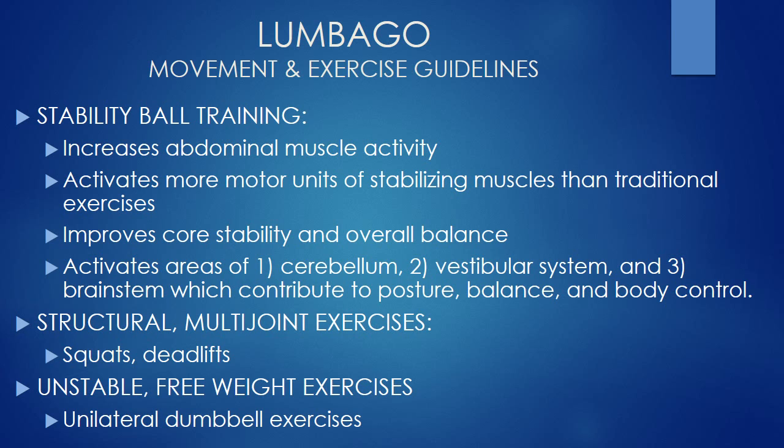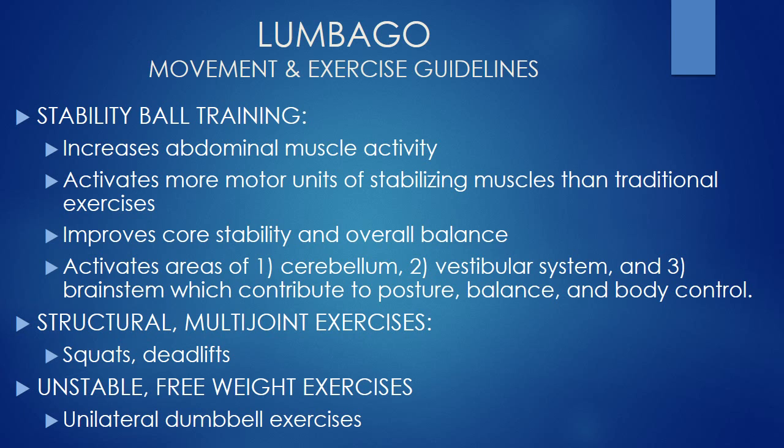In addition to stability ball training, we want to implement structural multi-joint exercises that activate multiple segments of the lower kinetic chain and also multiple segments of the lumbar spine. This would include, for example, squats and deadlifts.